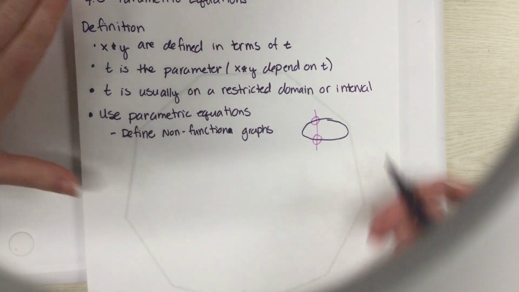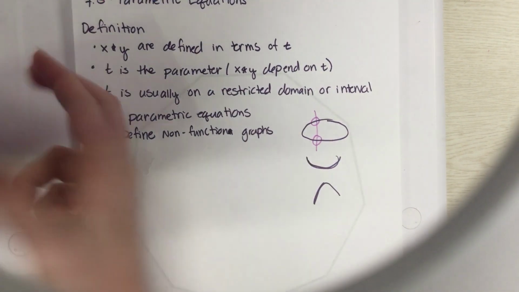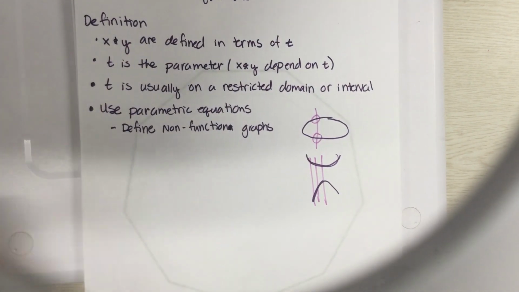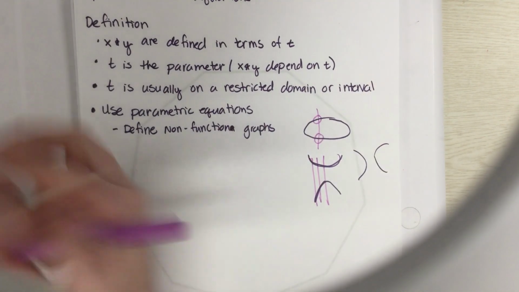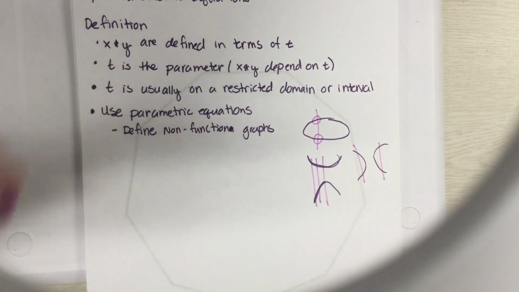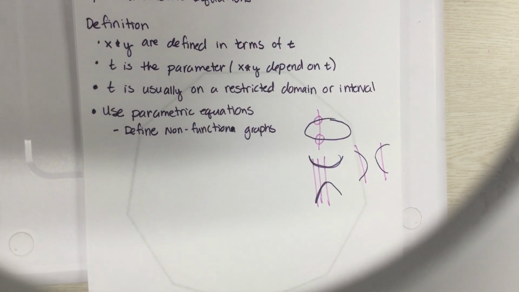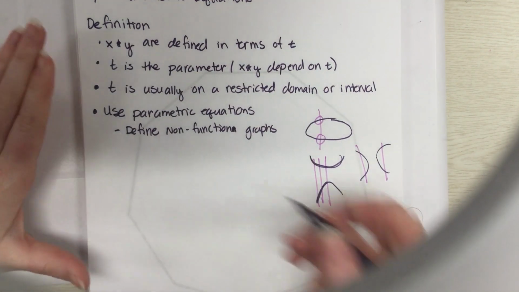Even a hyperbola is not going to pass at all. The entire thing isn't a function. Even the sideways hyperbola doesn't pass, because right here and right here you get more than one output for an input. So we're going to use this so we can define our non-function graphs, and we can graph them.